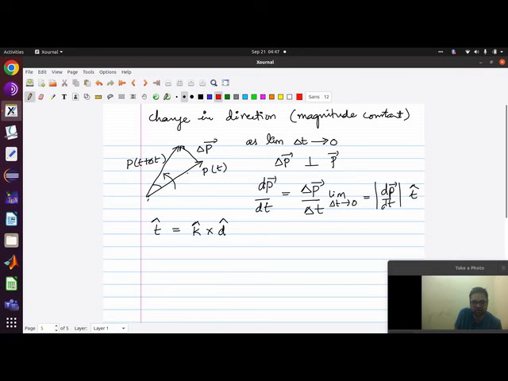So our d cap we have defined as this. K is the vector out of the plane of the paper. K is 0, 0, 1. So k cross d is in this direction. This is our t cap.